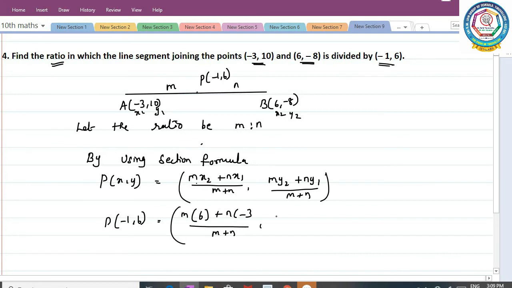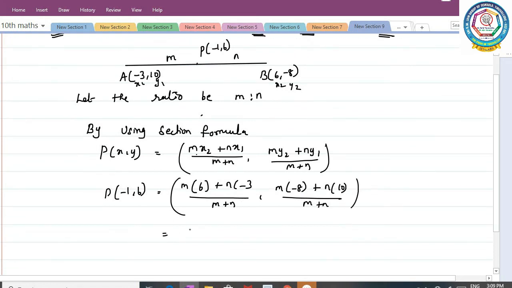Next one, m, y2 is minus 8, plus n into y1 is 10, by m plus n. So next step, 6 into m, 6m, 3 minus 3 into n, minus 3n by m plus n, comma minus 8m plus 10n by m plus n.